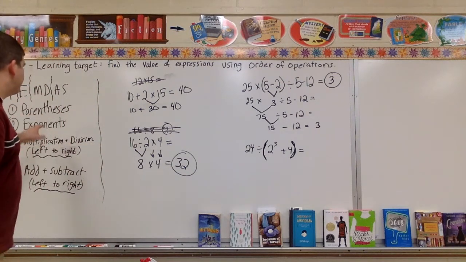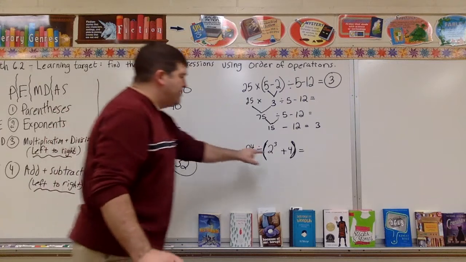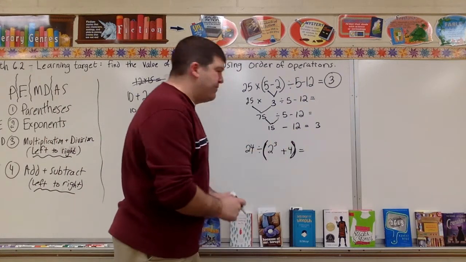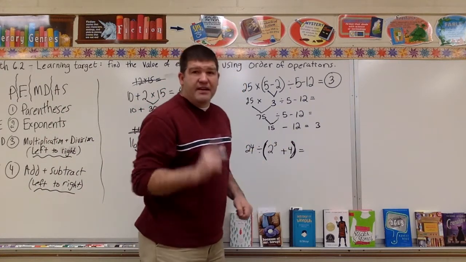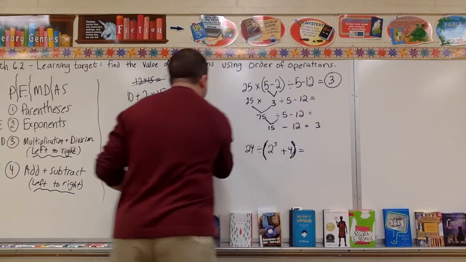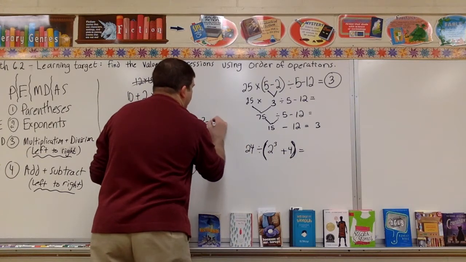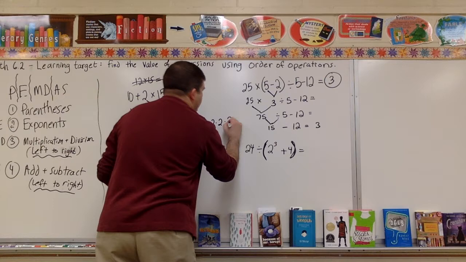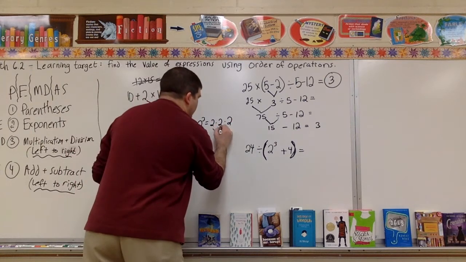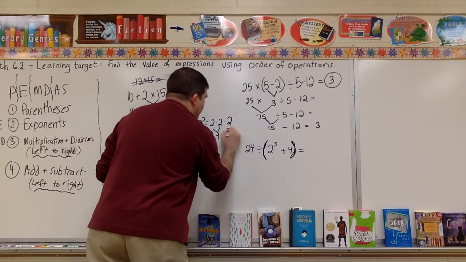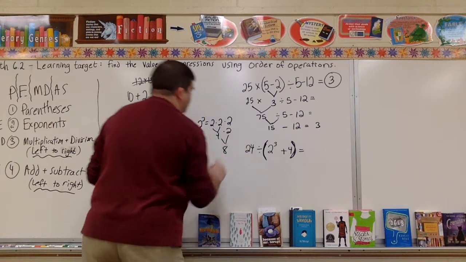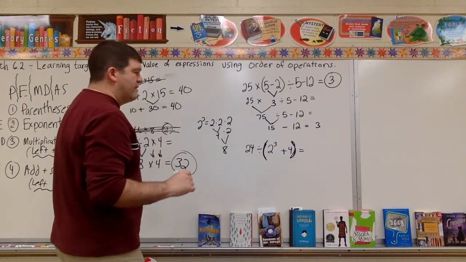So, I'm into the parentheses, so the next thing I do is exponents in here first. I see that 2 to the 3rd is an exponent. So remember, 2 to the third is 2 times 2 times 2. And that is 4 times 2, and that is 8. Okay? 2 to the third is 8.